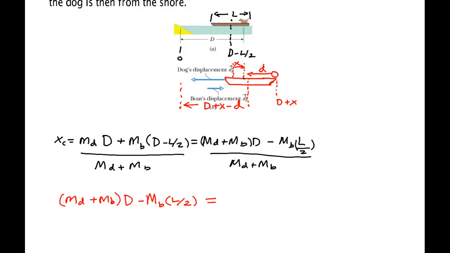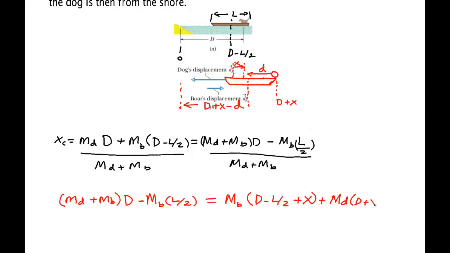The mass of the boat was at the distance d minus L over 2, but it's now moved a distance x away from that position, plus the mass of the dog, which is now at a location of d plus x minus little d.